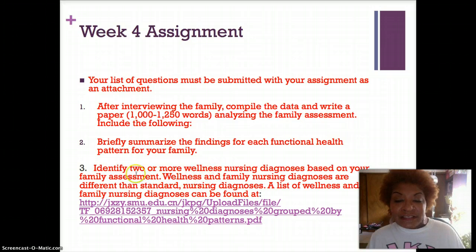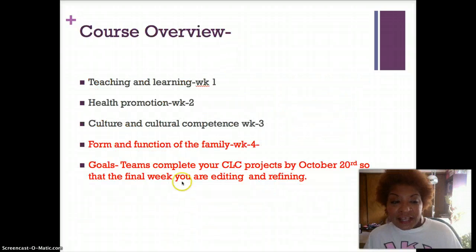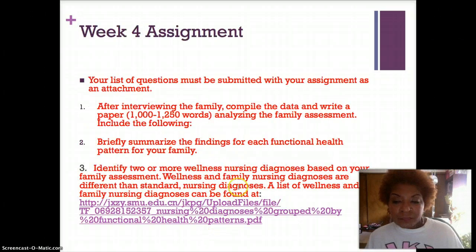And then you are going to identify 2 or more wellness nursing diagnoses based on your family assessment. So wellness and family nursing diagnoses are different than standard nursing diagnoses. A list of wellness family nursing diagnoses can be found at this site. A student did email me that it appeared they had to pay for this.